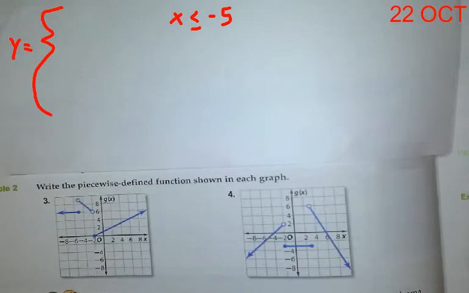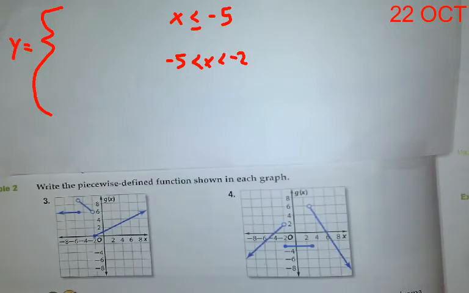Now look, this one starts at the same place, -5, and it goes to -2. So the next one is going in between. It's all the numbers in between -5 and -2. And there's open circles on both ends, so there's no equal to there, right?